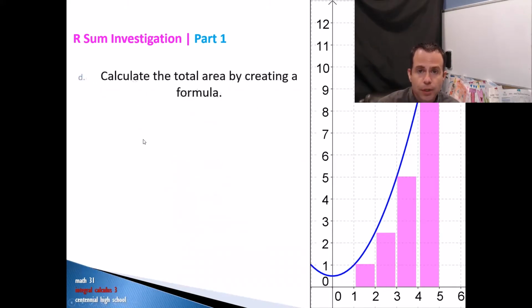All right, so calculate the total area. How do I get the area? It's the base times the height. So it's the base times the height for rectangle 1, plus the base times the height for rectangle 2, plus rectangle 3, plus rectangle 4. What I want you to notice is the bases are all the same, so I can factor the base out.